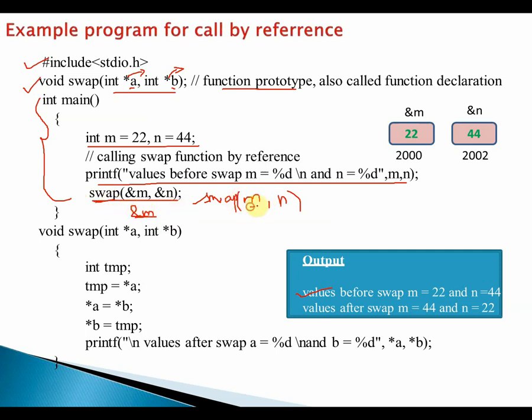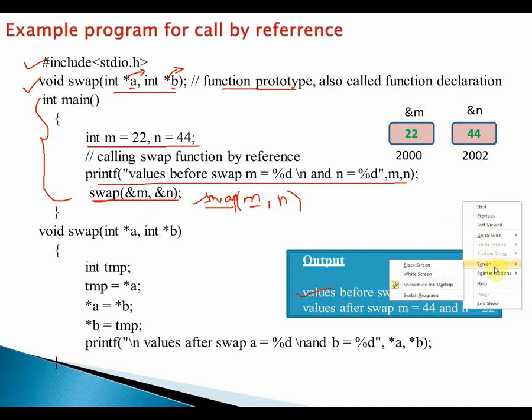If I had written m, then I would be passing the value to that function swap. If I write ampersand m, it means the address of the variable is passed to that function. Okay, so the addresses of both the m and n variables are passed to the function swap.